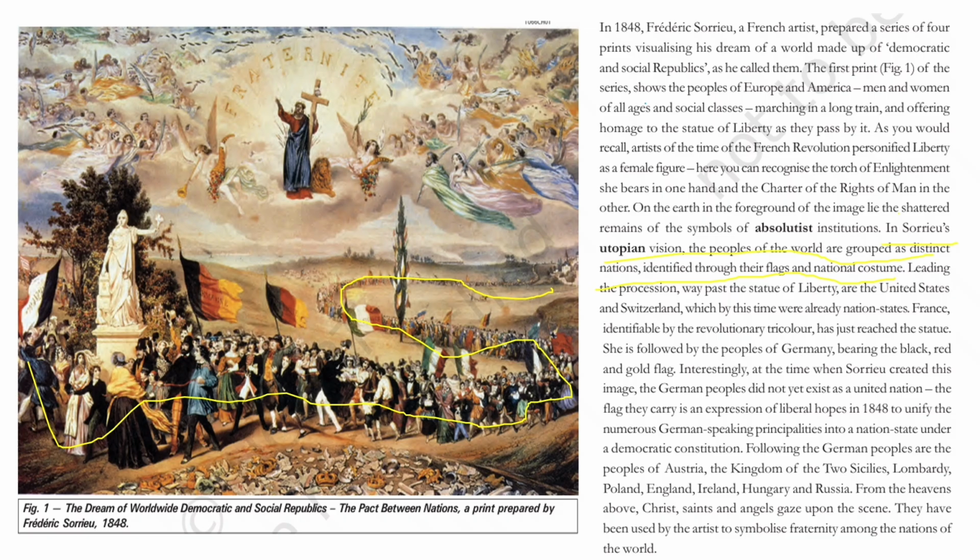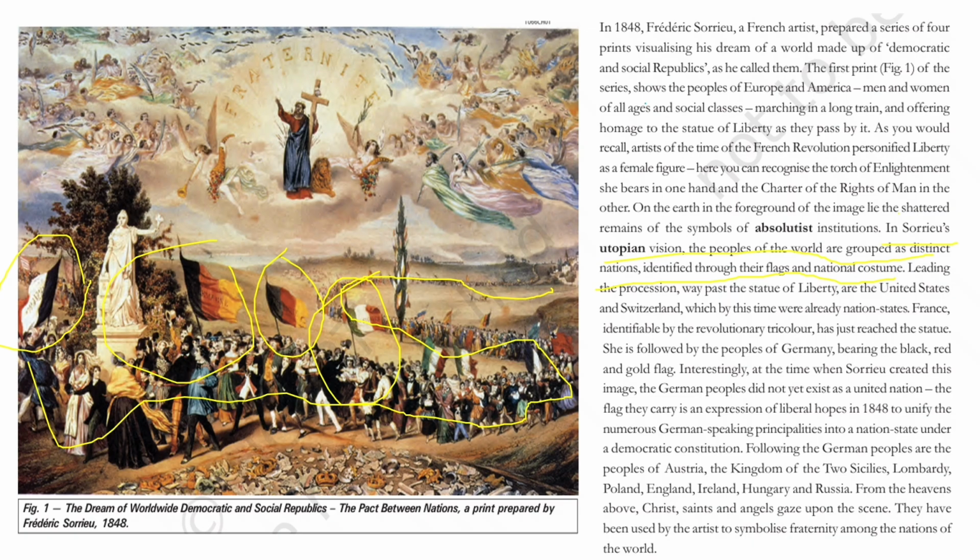You can see that all these people are holding some kind of flags in their hands, and all these flags are of different colors. And that is a very important aspect of how Sorio has used his imagination, that Europe and America will be divided into multiple nations and each one of them will have their flags, they will have their costumes, right? So that plays a very important role here.